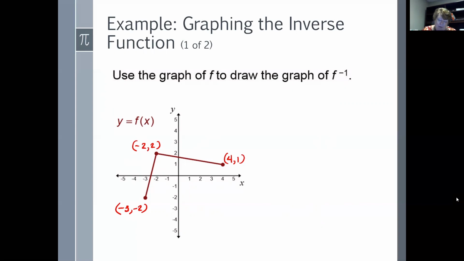So let's graph -2, -3. All right, so my next point was -2, 2. The point on the inverse graph would be 2, -2. To find the inverse, we interchange the x's and the y's. We interchange the two components in the ordered pairs. So I would graph 2, -2.